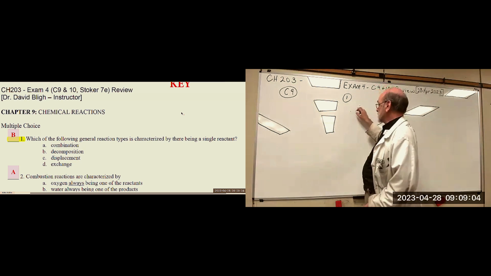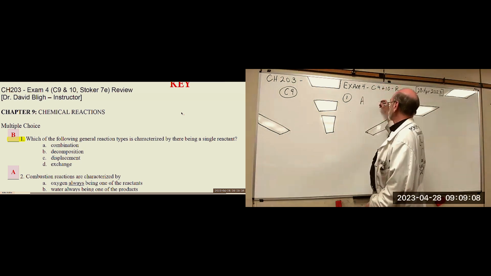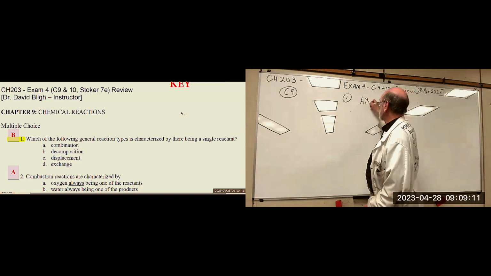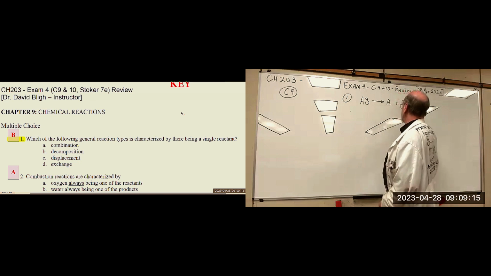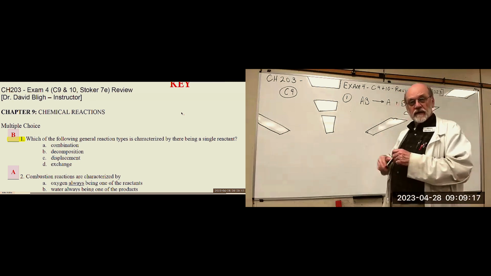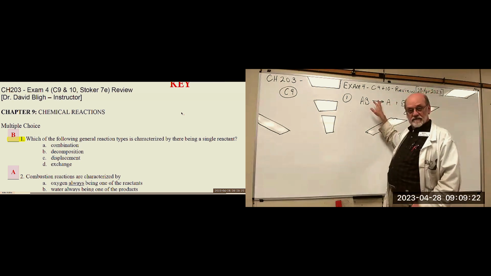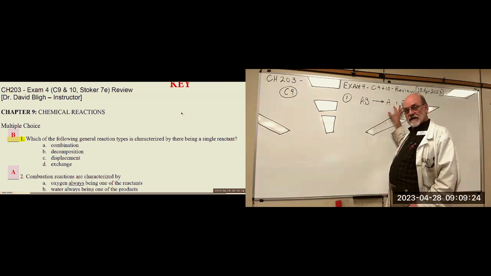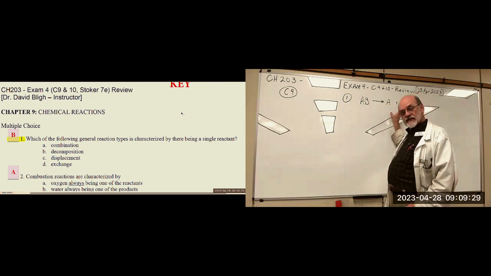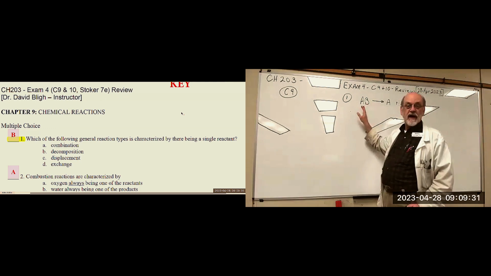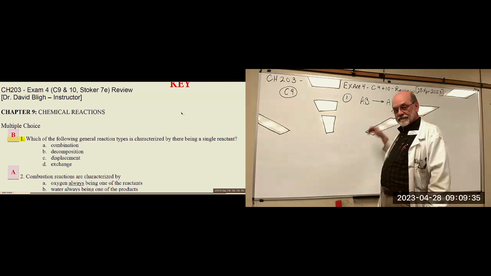Remember when we went through the reaction types, our generic reaction said this reactant would produce those two. So that doesn't mean that we have necessarily elements produced from a compound. These could be simpler compounds from a more complex compound. That's the idea here. So complex makes simple.